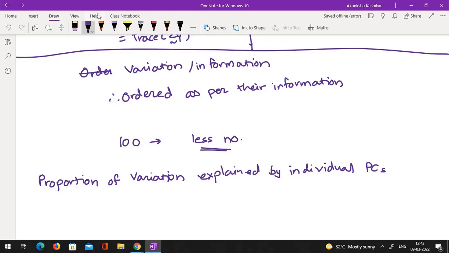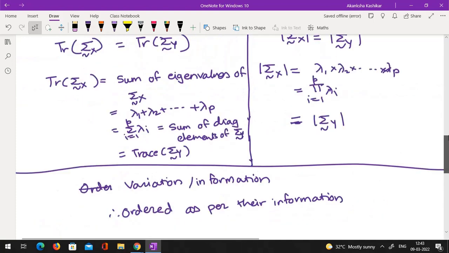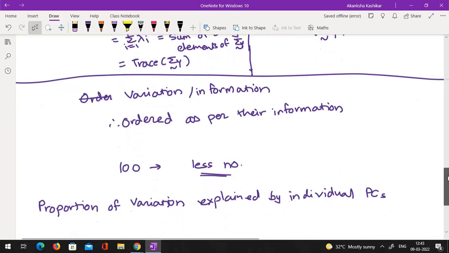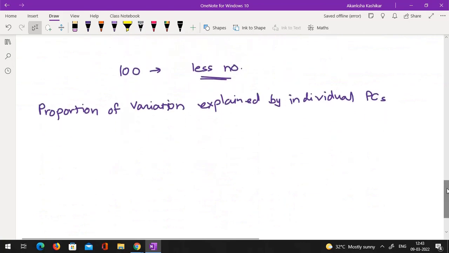So how do I compute this? We saw the concept of total variance or total variation. Total variation is the sum of lambda i's. And we know that for the jth PC, the variance is lambda j.